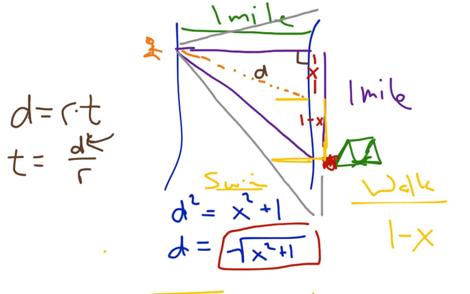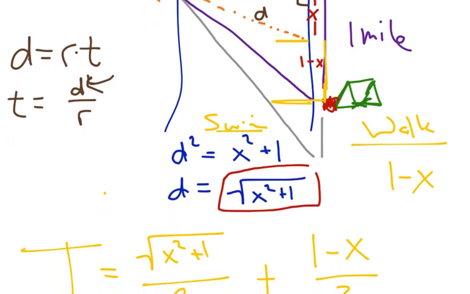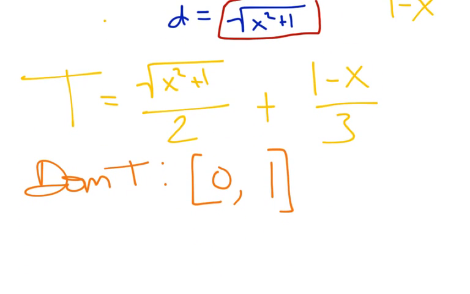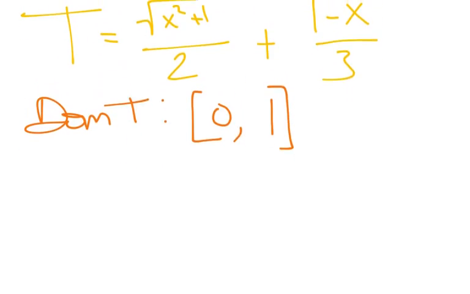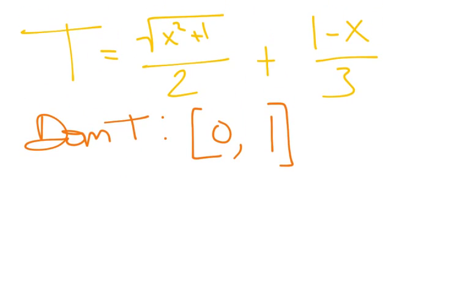It makes sense as something that could be done, but is it going to minimize the time with which we're going to get there? No. And so we're going to leave those possibilities out and just say our domain is the closed interval from 0 to 1. And so now, if this is our domain and it's a closed interval, we have a continuous function on a closed interval, we have to have a max, we have to have a min. We're going to try to minimize this.